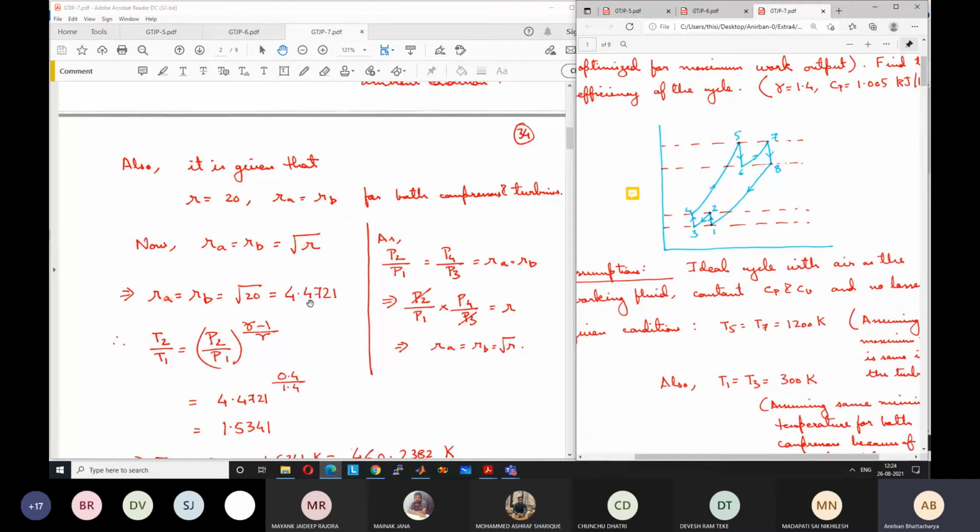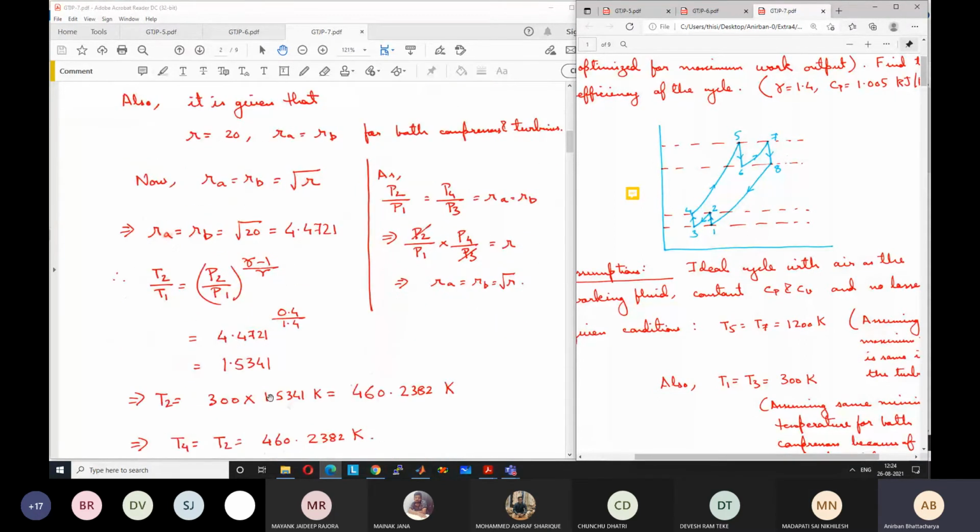RA we have found to be 4.4721, to the power 0.4 by 1.4, which is 1.5341. Because we know that T1 is equal to 300, we find that T2 is equal to 300 into 1.5341, which is equal to 460.2382 Kelvin.